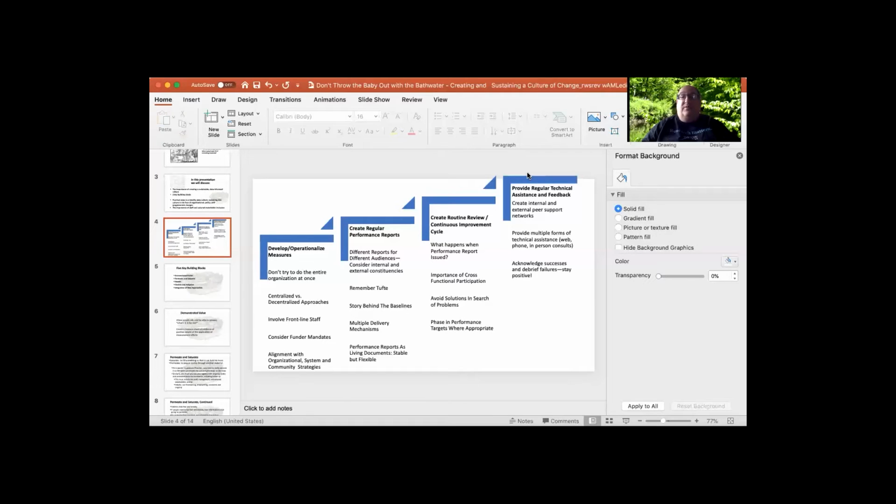Think about multiple delivery mechanisms. Of course you have paper reports or PDFs that you email to people, but then you might also have a website that serves these up on a regular basis. And when you do things on the web, you can perhaps get into more elaborate drill down structures where you can start to disaggregate information.